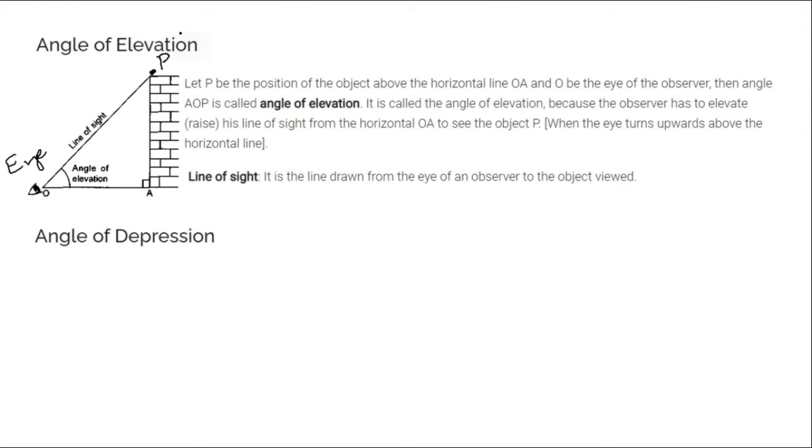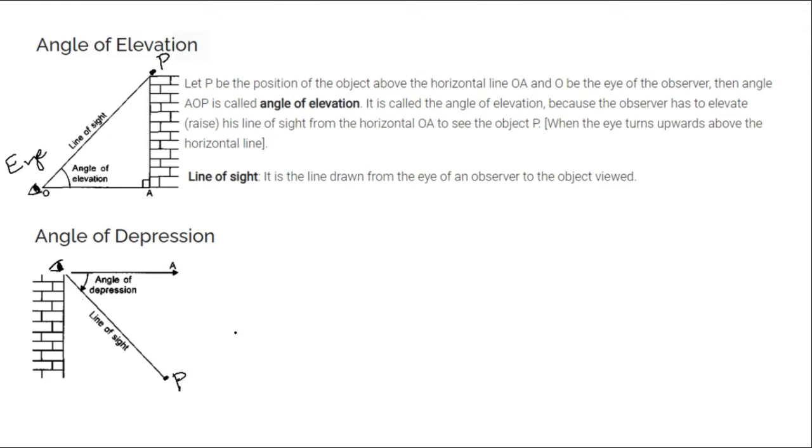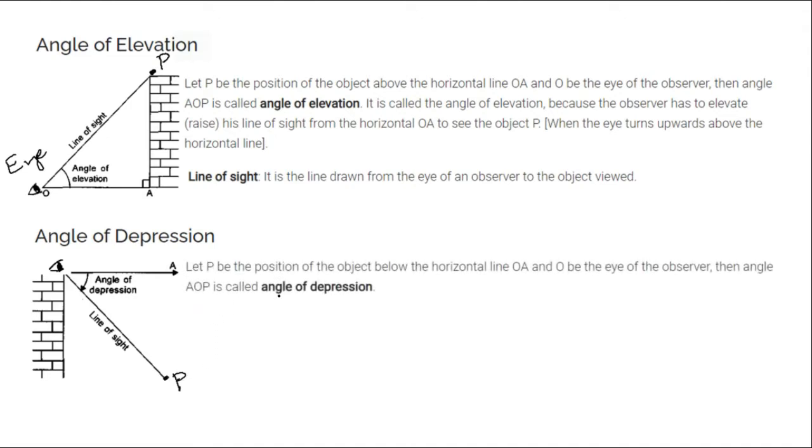This is the situation when the object is above the horizontal. In some situations, we get objects which are below the horizontal. Look at this figure. Here, an observer is viewing the object at point P. Let P be the position of the object below the horizontal line OA, and O the eye of the observer.